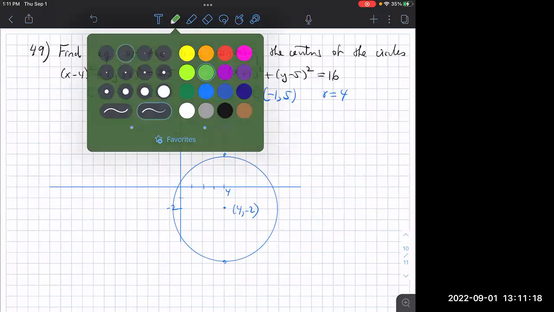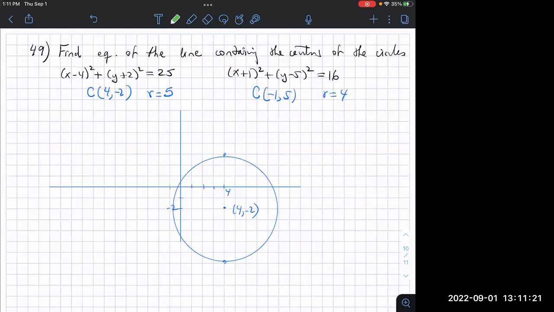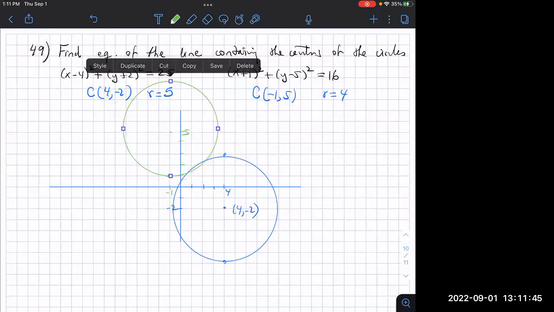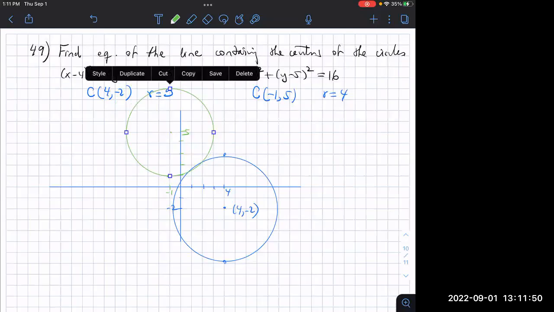The second circle has center -1, 5, and radius 4. 1, 2, 3, 4. Okay, so we got this. So we have two circles. The other center is -1, 5.